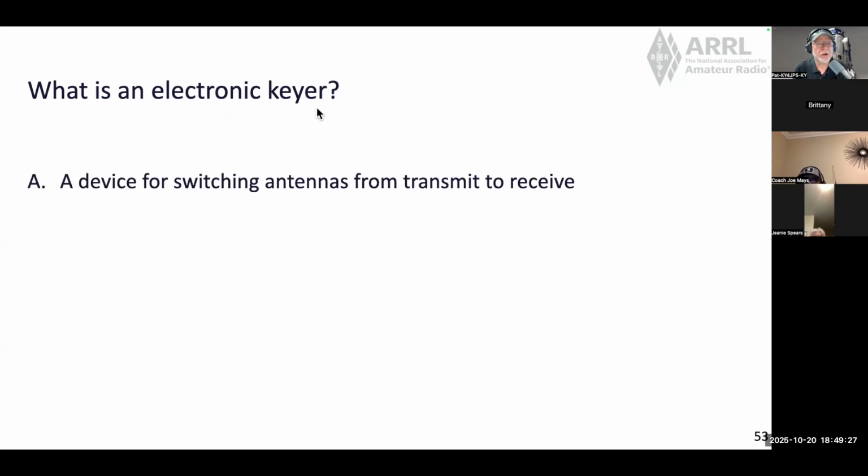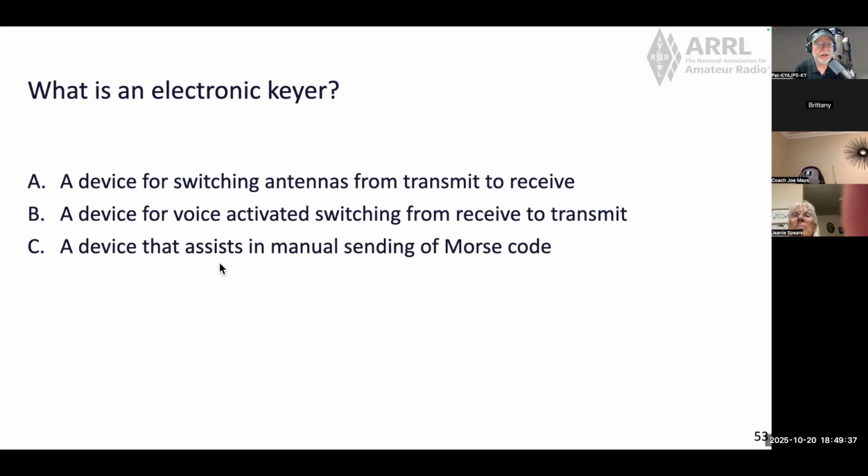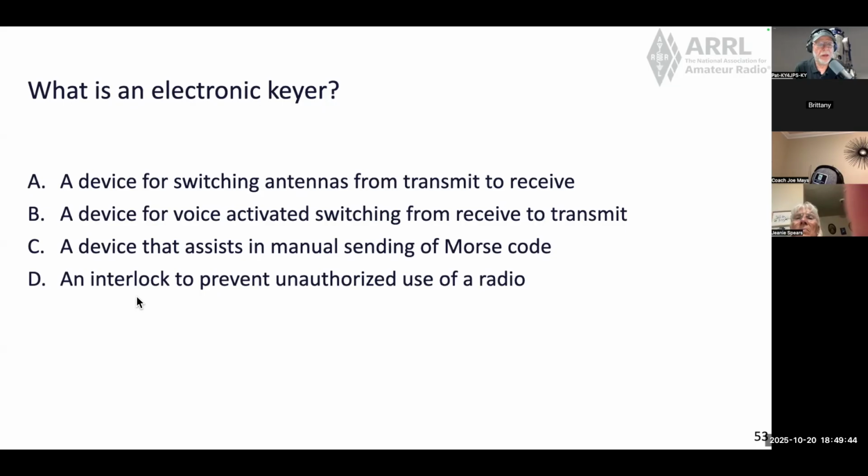What is an electronic keyer? It's a device for switching antennas from transmit to receive, a device for voice activated switching from receive to transmit, a device that assists in manual sending of Morse code, or D, an interlock to prevent unauthorized use of the radio.